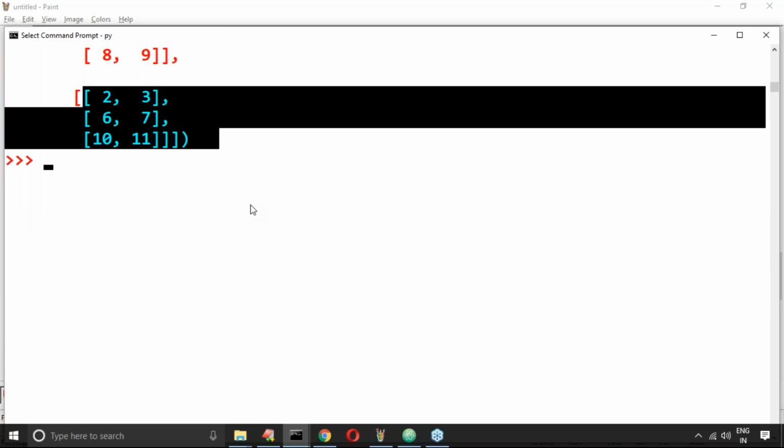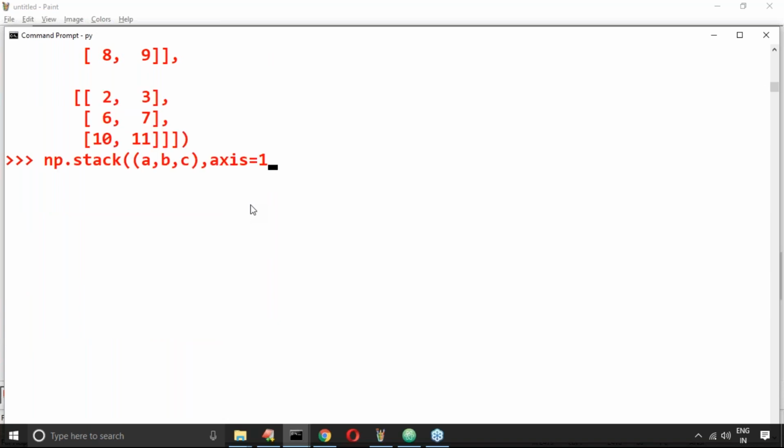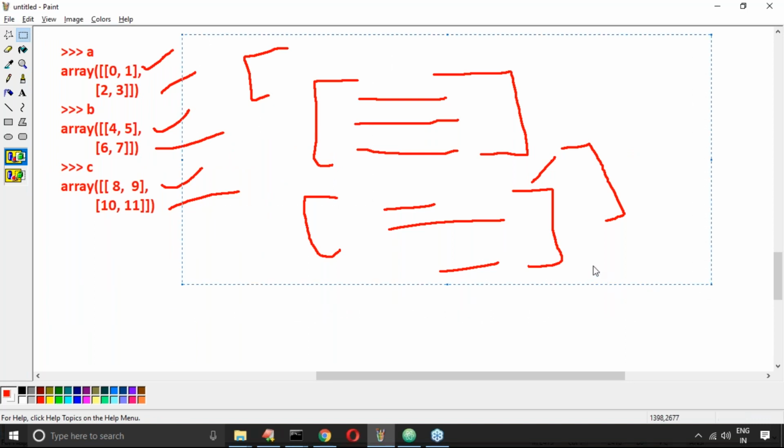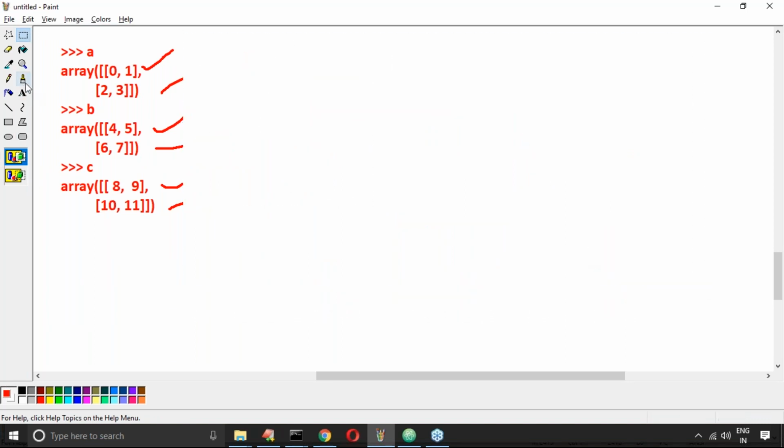Next, axis equal to 2, sir. It is also very easy. We already analyzed it: take one row from the first one and make it the first column, take one row from the second one and make it the second column, and take one row from the third one as the third.